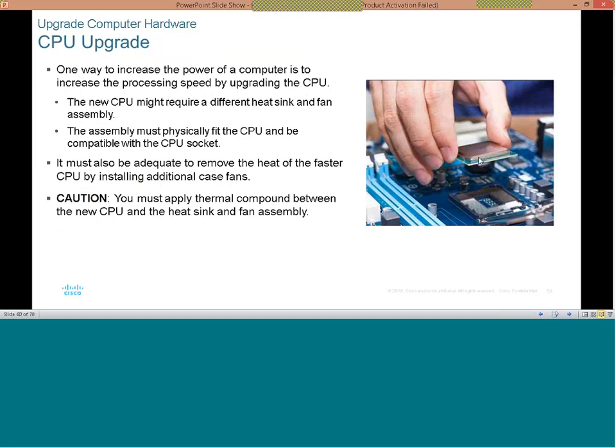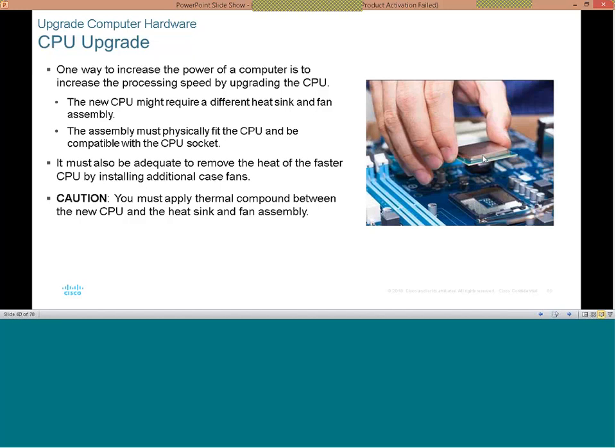Okay, so you don't need to force this. Like we said in the last class, you need to look at the orientation. You orient the CPU such that it can fit into the socket. The cooling must also be adequate to remove the heat of the faster CPU, by installing additional case fans. All this is to take off heat from the working CPU. Each time it works, it produces a very high amount of heat.